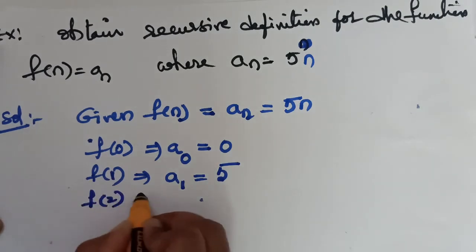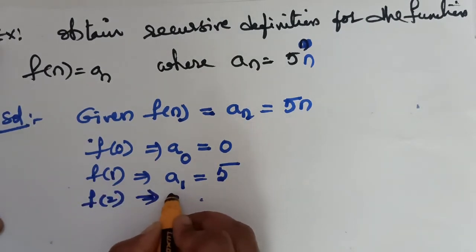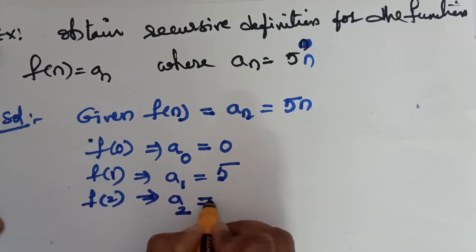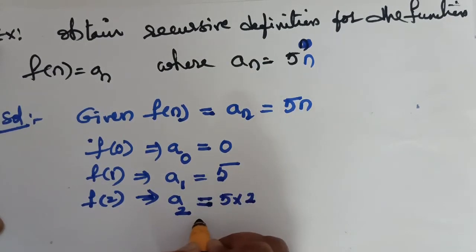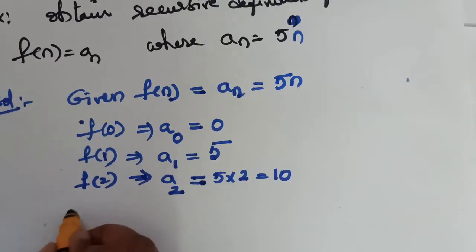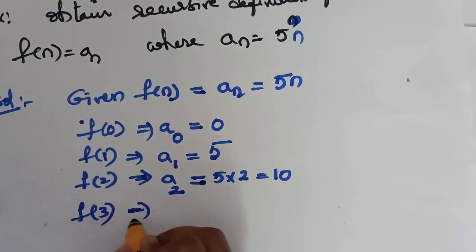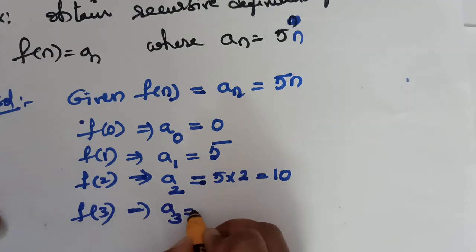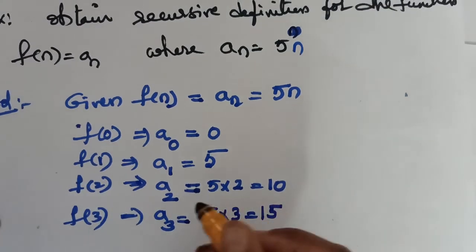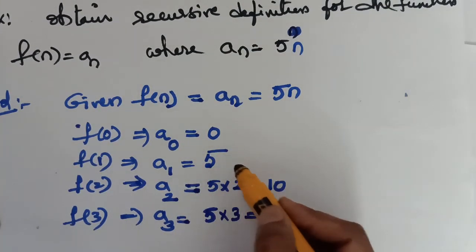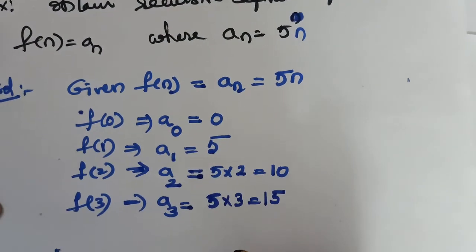F of 2 implies a2, a2 is equal to 5 into 2, which is 10. And f of 3 implies a3 is equal to 5 into 3, which is equal to 15. Okay, these are a0, a1, a2, a3 and so on.